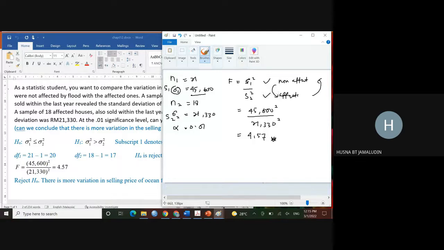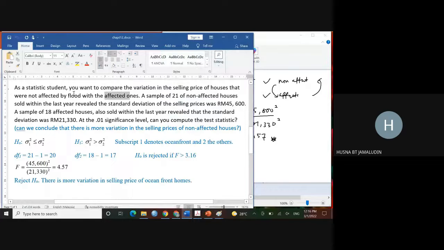So anyone who can answer this? I think we should take the higher value. Okay, cool. Yeah, that's correct. Normally I will tell my students, if you look at the question, which words can you see first? You want to compare the variation in the selling price of houses that were not affected by flood with the affected one. So you will look at the not affected because this is mentioned first, right?